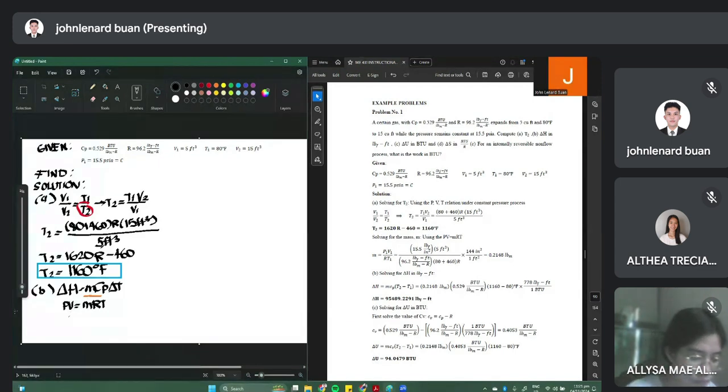Then, ang gagamitin po natin dyan is the one for initial values. Therefore, m is equal to P1 V1 over R T1.